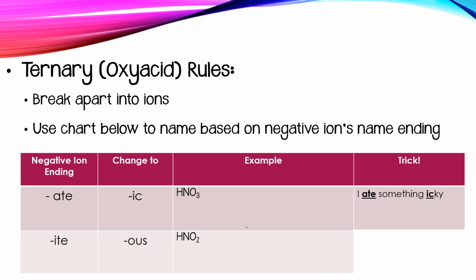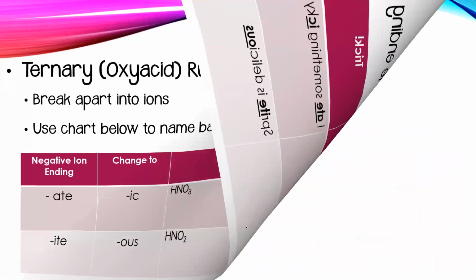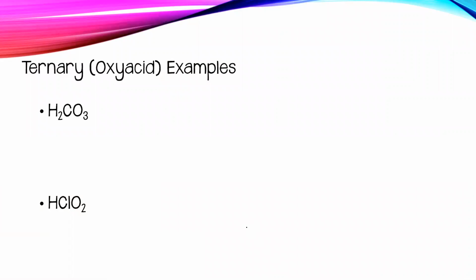So ITE becomes OUS. They tell you to remember Sprite is delicious. Change ITE to OUS. So this is not nitric acid, it's nitrous acid. So try these examples, pause the video, and then we'll go over them.